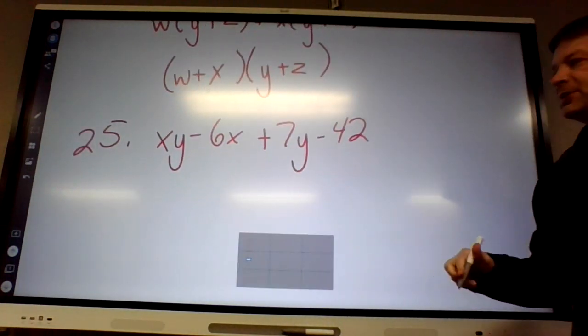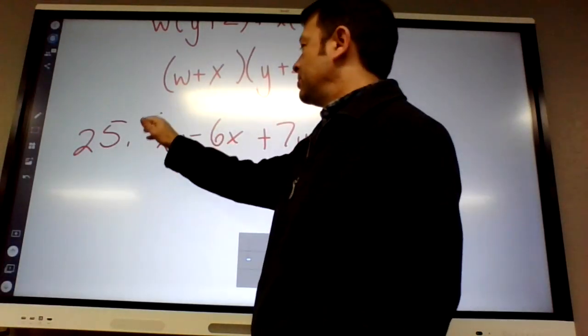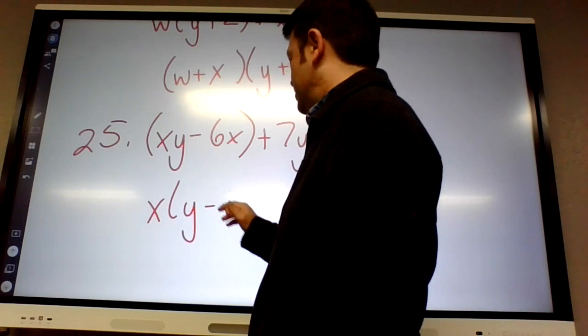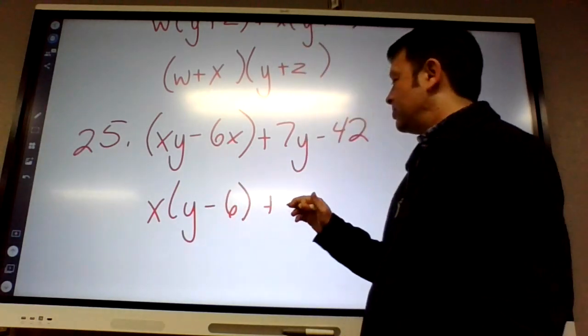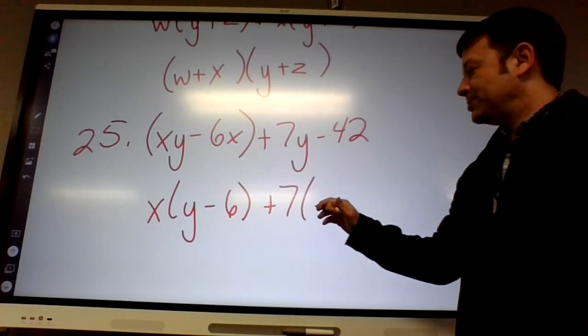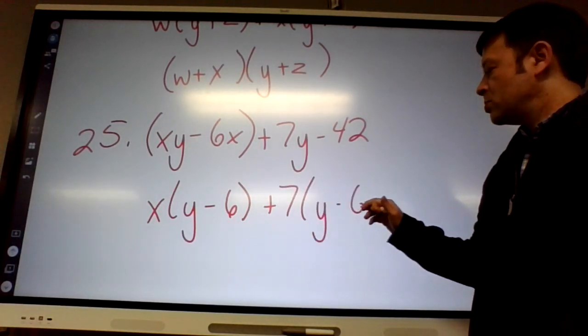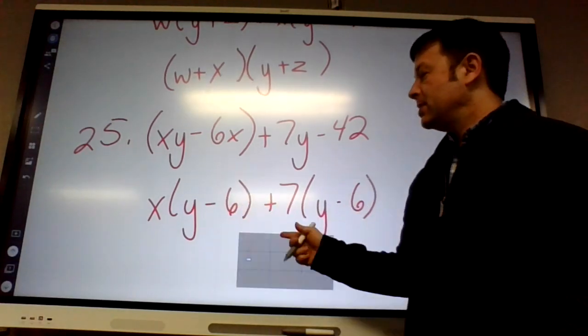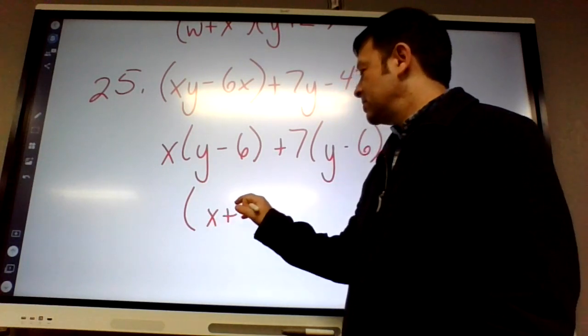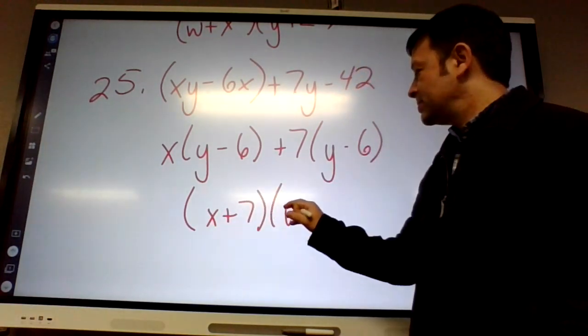Okay, what comes out of the first group? X. Then we get y minus 6. What comes out of the second group? 7. And then we get y minus 6, same as that one. Then in the first parentheses, we're going to put X plus 7, and in the second parentheses, Y minus 6.